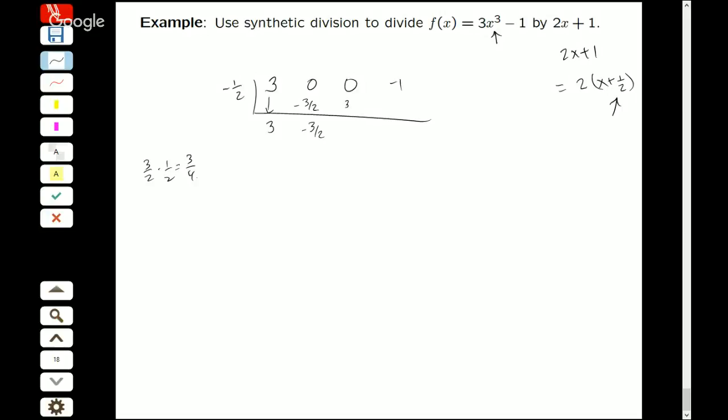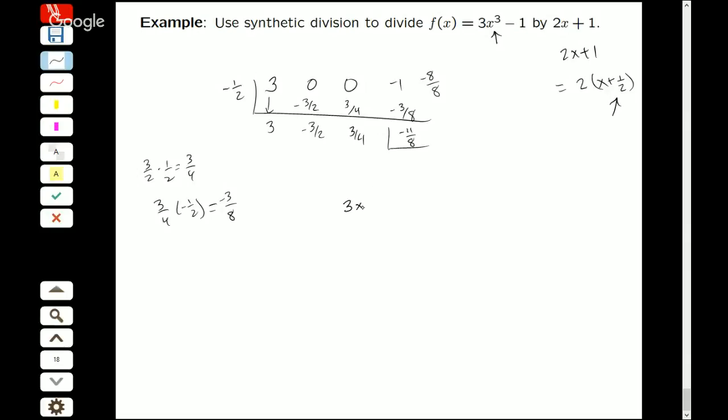So positive 3/4, add, you get 3/4. Multiply by negative 1/2. Negative 3/8. Add 1. This is like a negative 8/8 plus a negative 3/8. Negative 11/8.